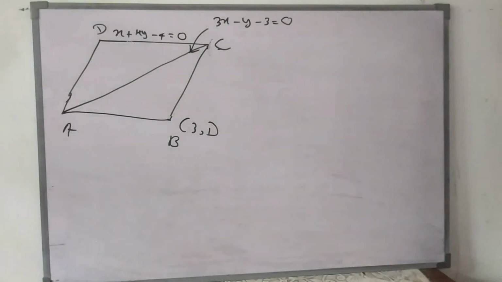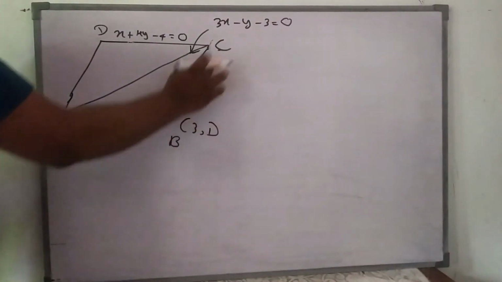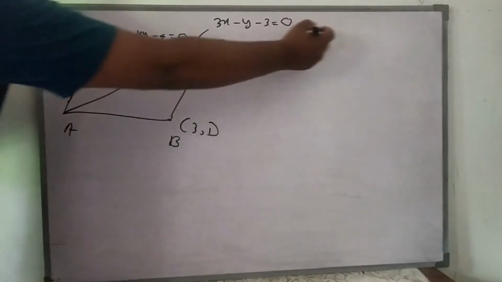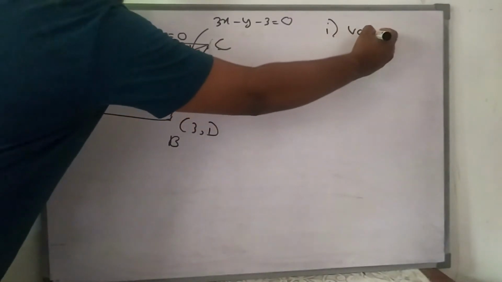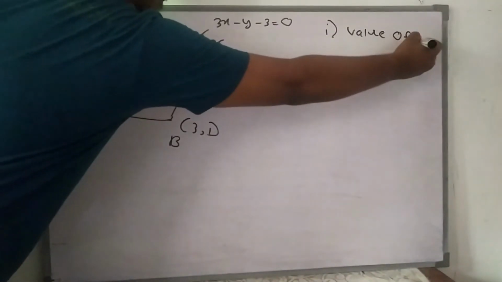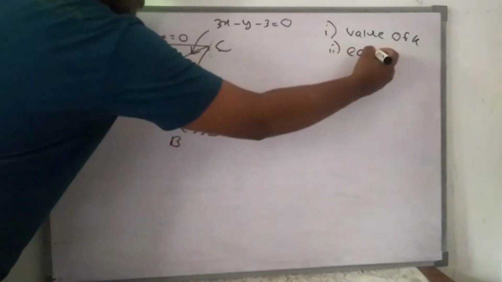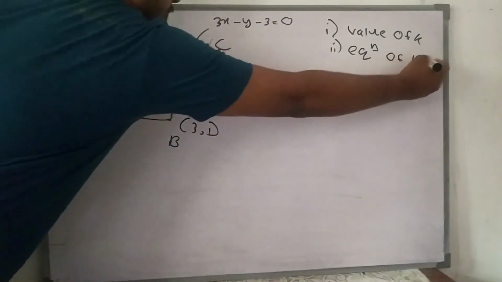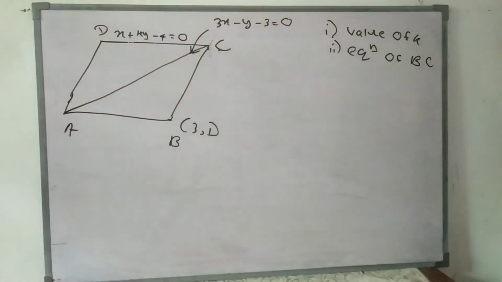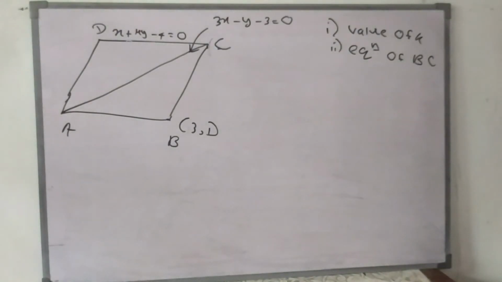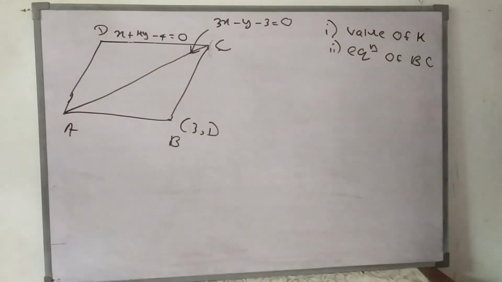Find the value of k and the equation of BC. Equation of BC, value of k. Okay, so the first thing, the value of k, right? So how to find that, right?